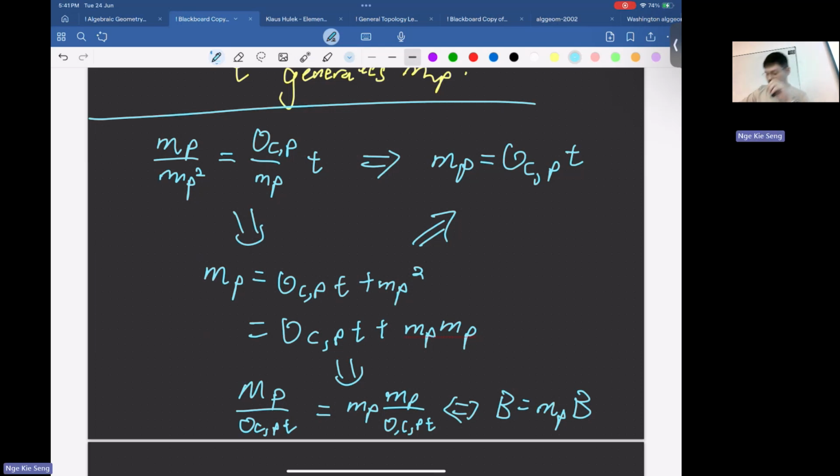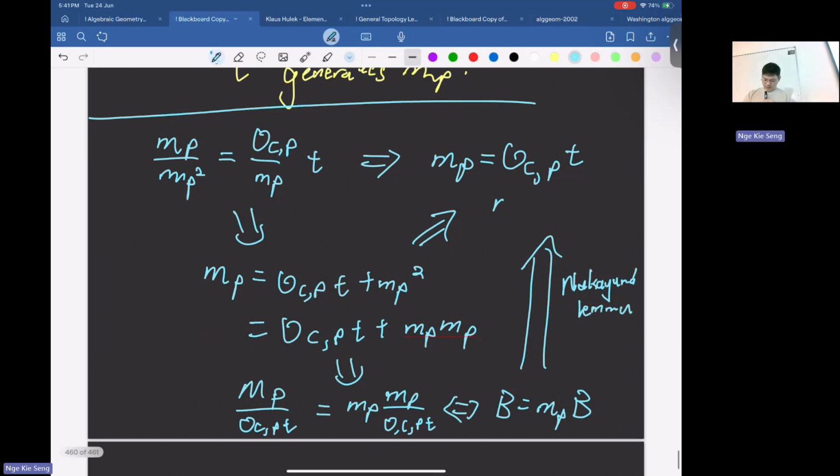So if you use Nakayama's lemma here, you get that MP over OCP times T equals 0, which means they are the same. You quotient it by itself, you get 0. Make sense?